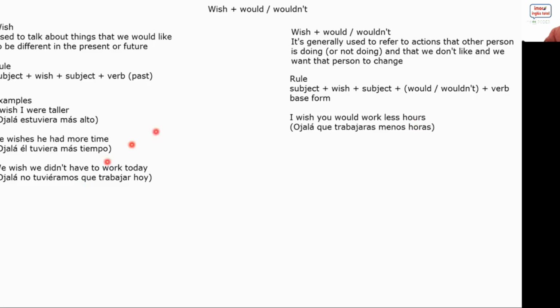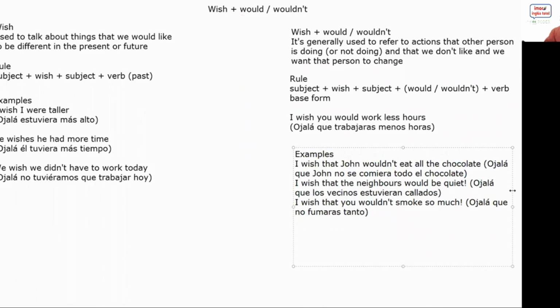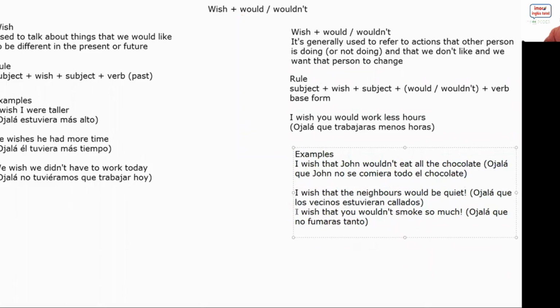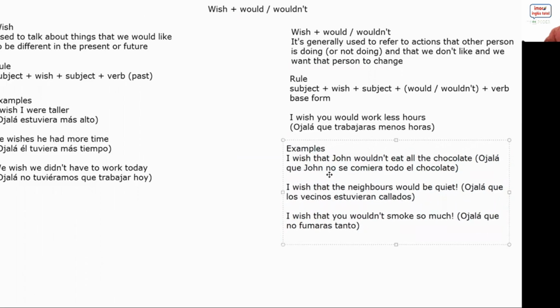So let's check more examples in order to reinforce this concept, in order to really understand what type of actions we can refer to using wish plus would or wouldn't. Let's see. Here we have 3 more examples. Let's see.